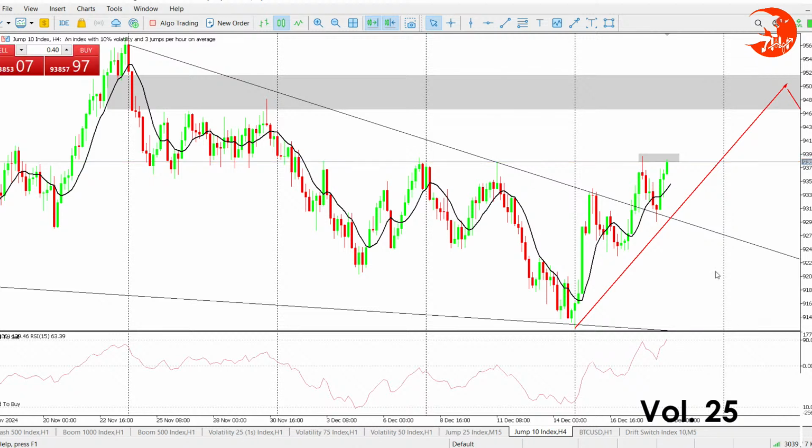But I want you to understand that the daily time frame is buying. Even if we are using price action, this is a break of structure right there. And after the break of structure, we tested this level.